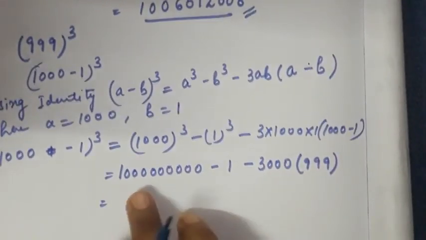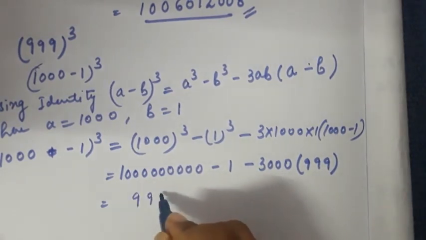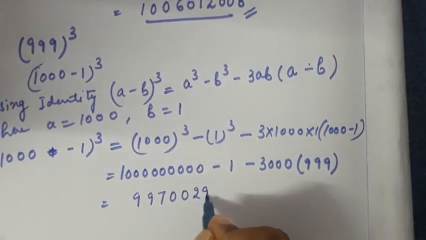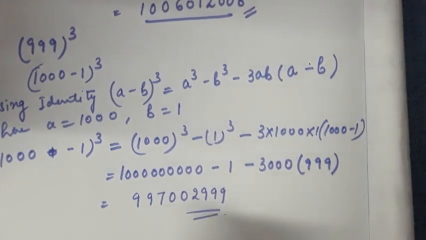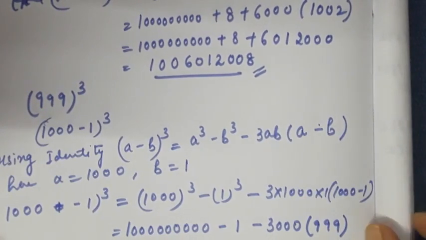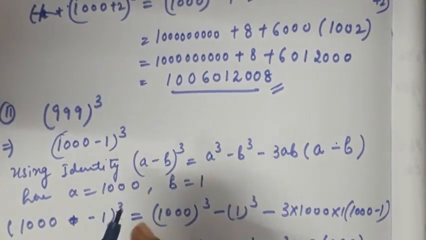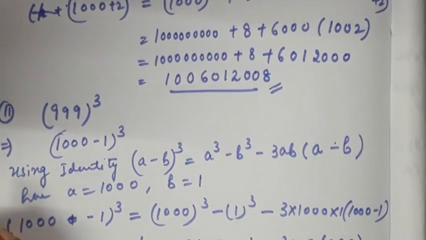After solving all this stuff, you get the answer. I hope it is clear to all. If not, just watch this type 2 questions once again. Now let's move to type 3 questions.